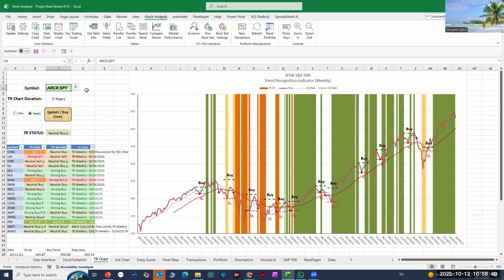In fact, this worked very well for the Nasdaq QQQ as well. You want to be a long-term investor on the QQQ itself, the Nasdaq 100.